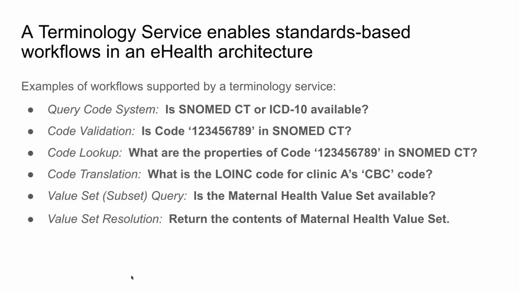And then we have some value set operations, and these are, is there a set of codes described for a particular domain or use case, such as a maternal health value set? And then I'd like to retrieve those specific codes, that value set. So this is called value set resolution. So in general, these are some of the primary capabilities that a terminology service provides to the HIE.